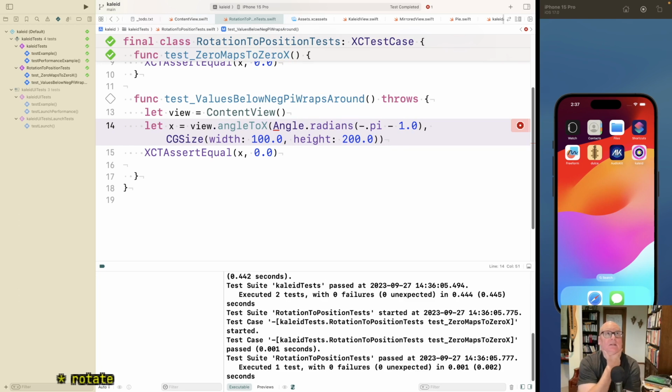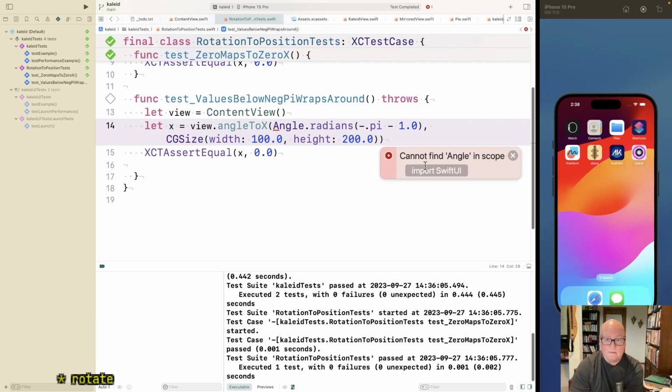Well, I guess what I want is a number that's between pi and negative pi. And if you give me more negative, I'm going to add to it until. Okay, why aren't you happy?